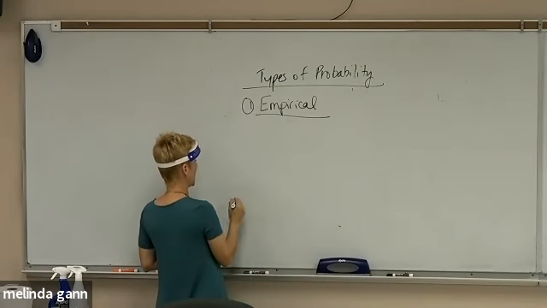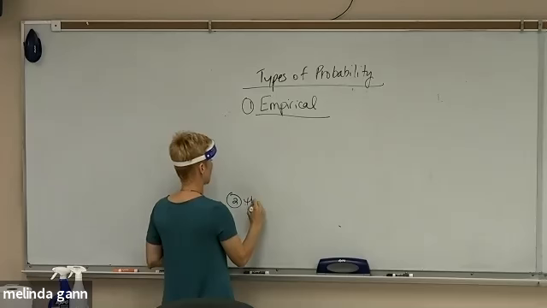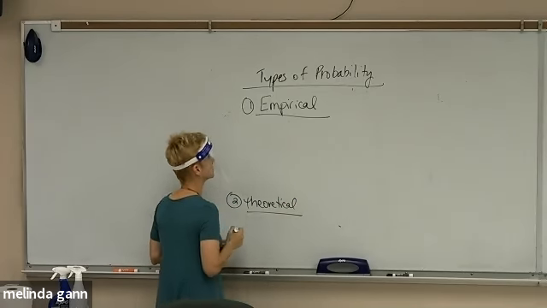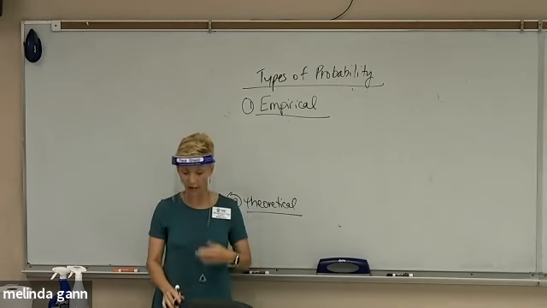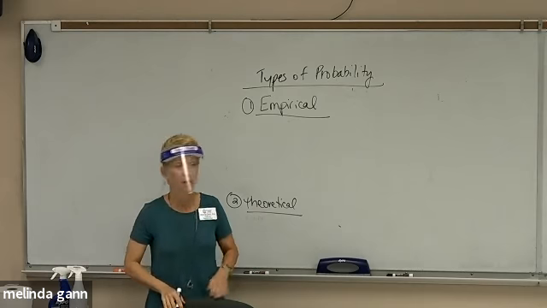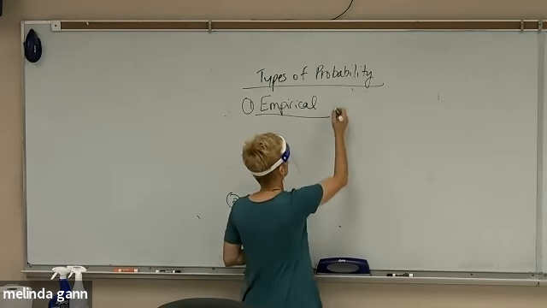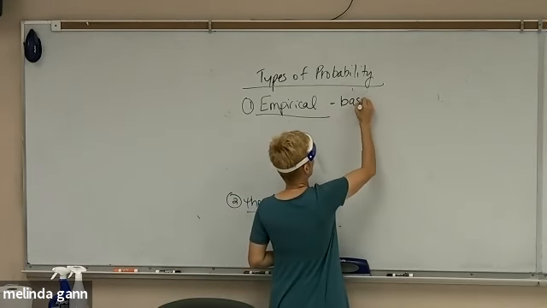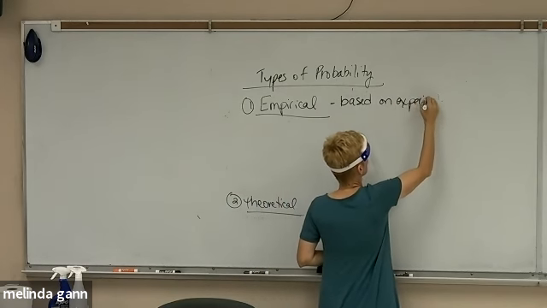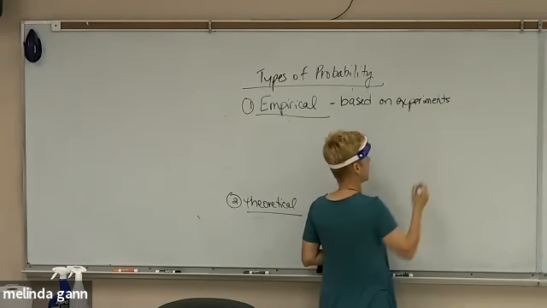Skip some space. The other kind is called theoretical. So that's what we're going to call the 2 types of probability. Empirical probability is based on experiments.